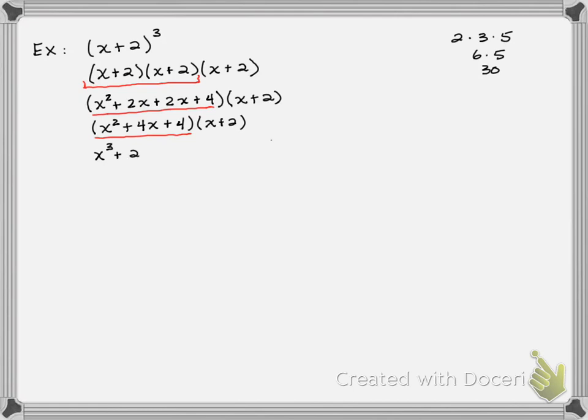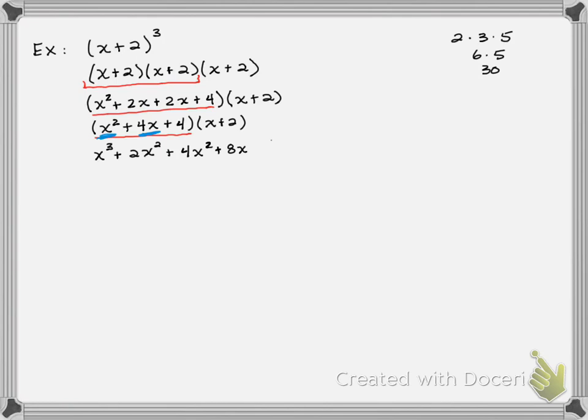X squared times 2 is 2x squared. So that's what I get just from distributing this first term. And then we'll distribute that 4x. So 4x times x is 4x squared. 4x times 2 is 8x. And so that's what I get just from distributing this term.